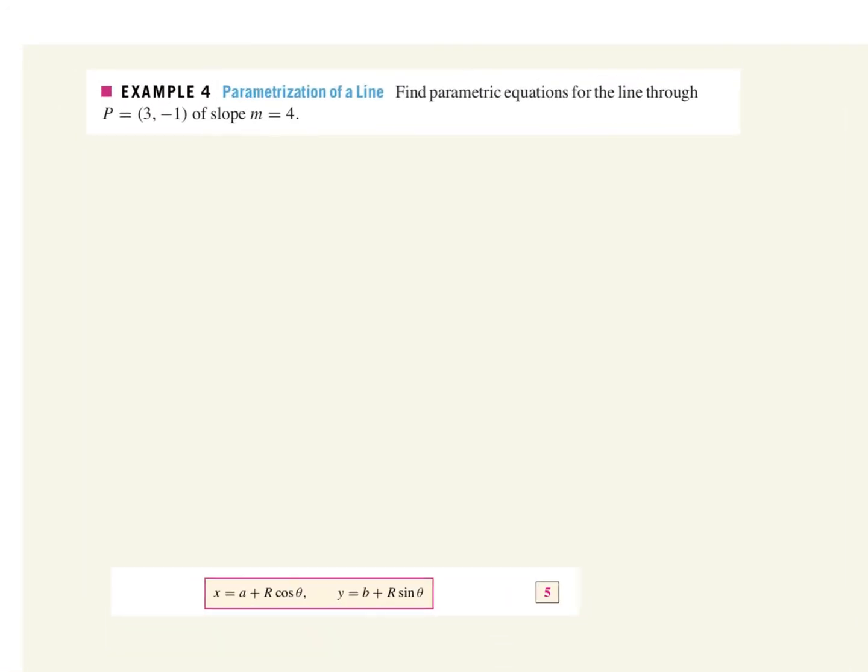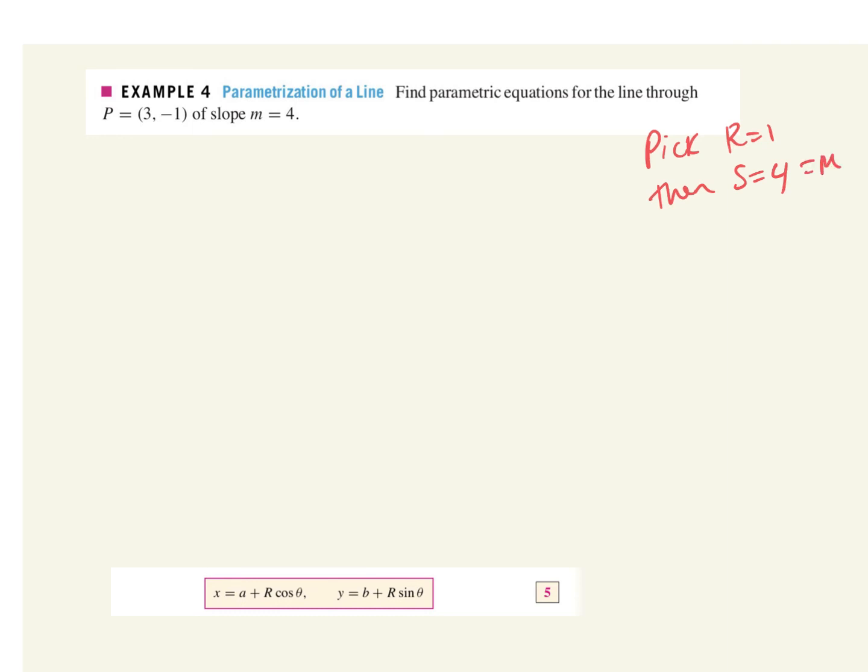Can you go back? I sure can. Okay, so this example pertains to exactly that theorem. Find parametric equations for the line through the point 3 comma negative 1, and the slope is 4. The easiest way would be to choose r to be 1, because then our slope is 4. So r equals 1, then s equals 4, which is our m.